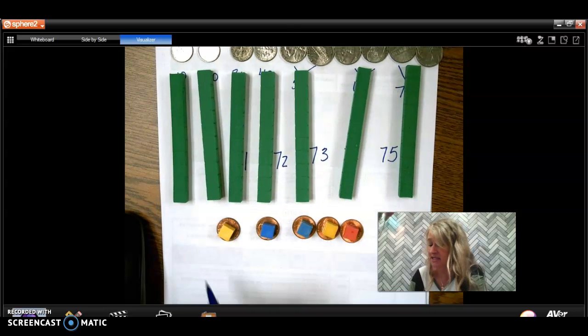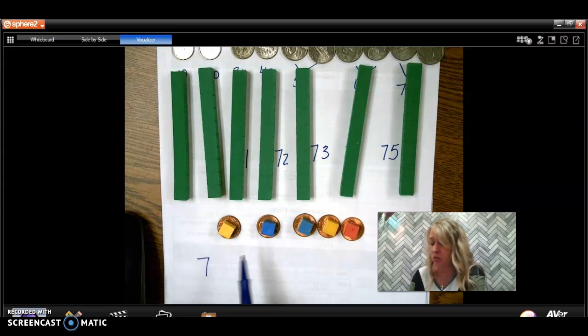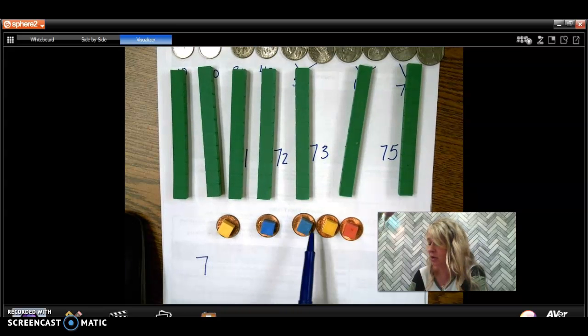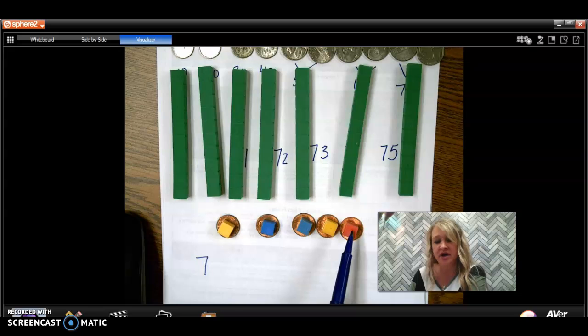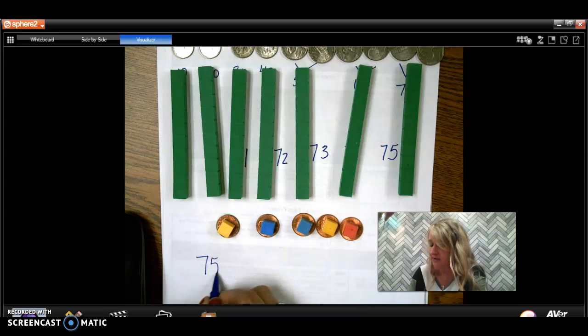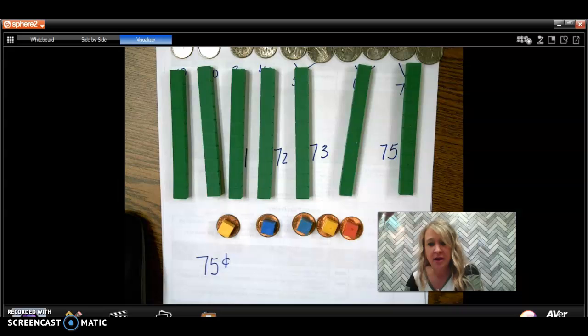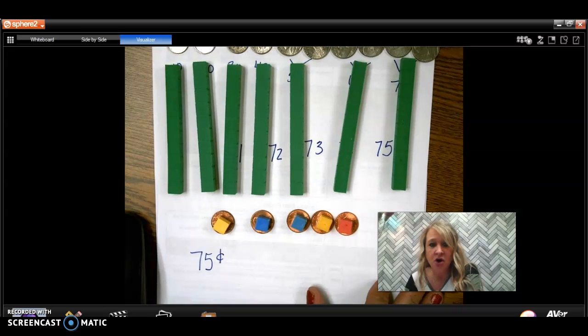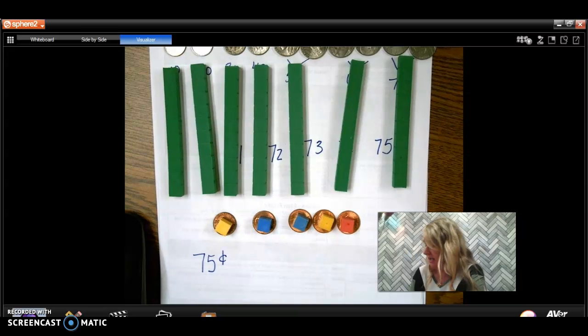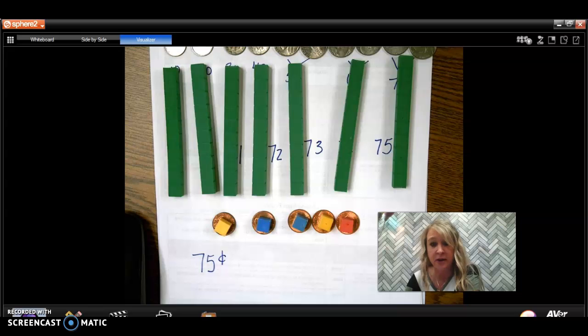I have 7 tens. And how many ones do I have? 1, 2, 3, 4, 5. 75 cents. You guys are awesome. I so appreciate your help. Anytime you want to come help me count some money, you are more than welcome.